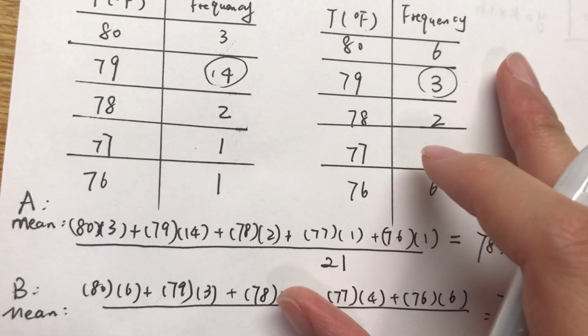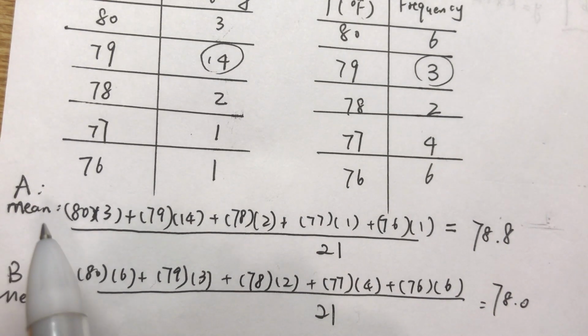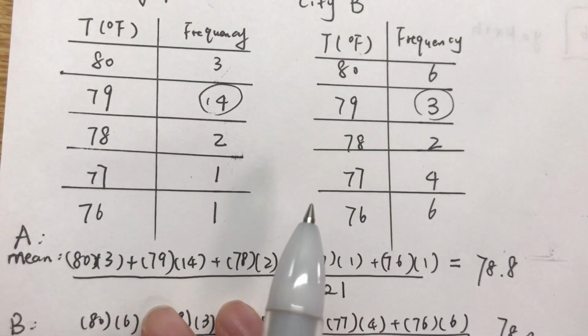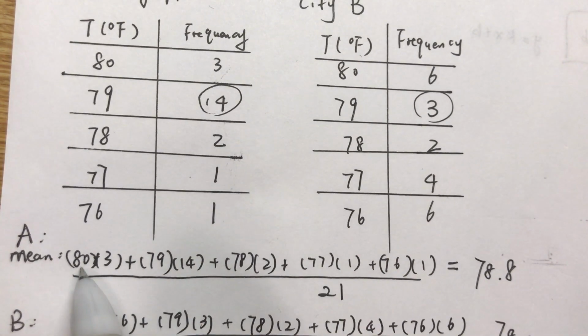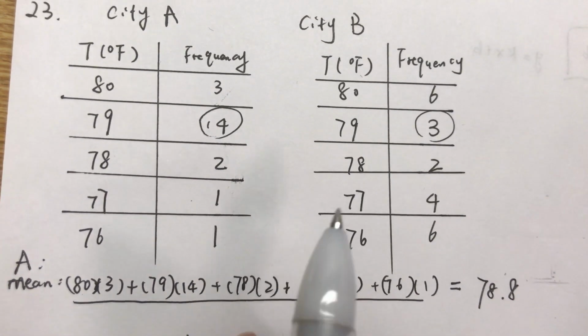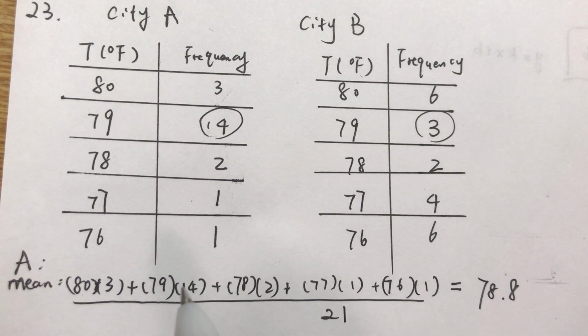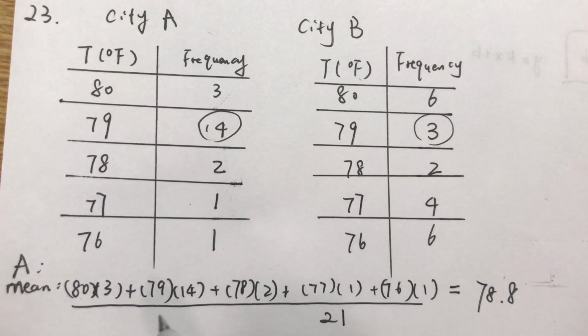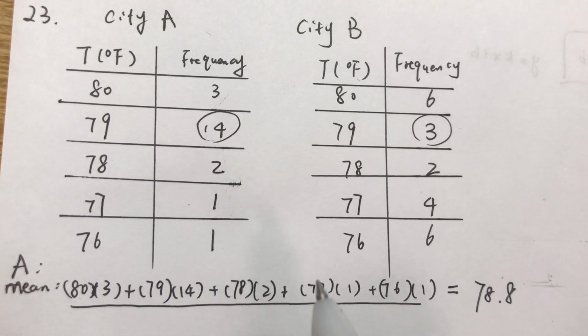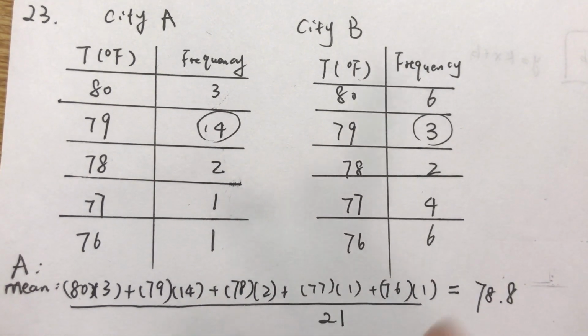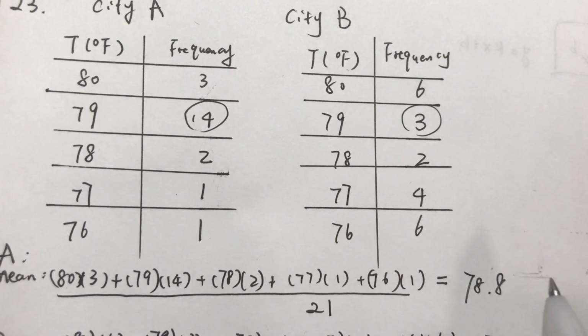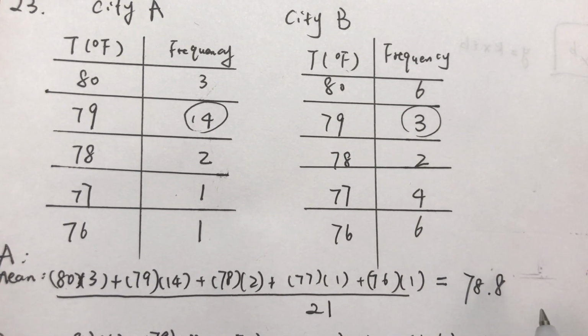If you remember the formula for the mean of city A, we just use the temperature multiplied by the frequency, plus the second temperature multiplied by its frequency, and we do all of this and divide it by the total days, which is 21. Then we get 78.8.